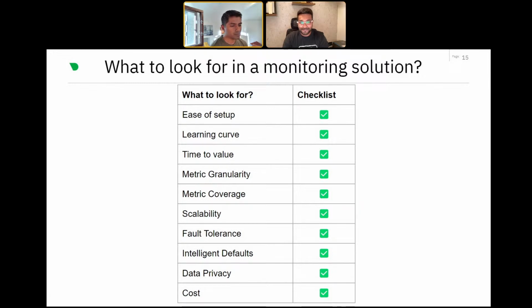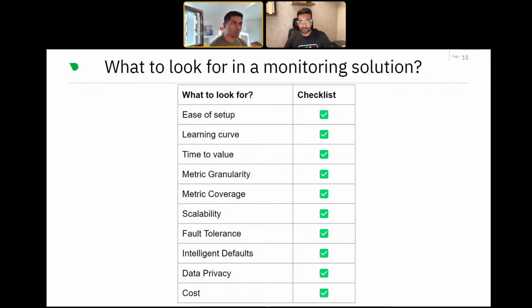And I think we've talked a lot about Netdata, and we've done the demo of Netdata, which is our product. But what we're trying to do here in this checklist is to keep it generic enough. We think that you, in most likelihood, agree that these are valid things to look for in a monitoring solution. And we hope that when you're evaluating a new monitoring solution, whether you choose to go with Netdata or not, you still look at these criteria.